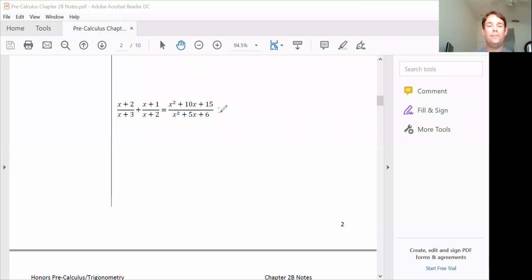All right, let's see how you did here. We have x plus 2 over x plus 3, plus x plus 1 over x plus 2, equals x squared plus 10x plus 15, all over x plus 2 and x plus 3.